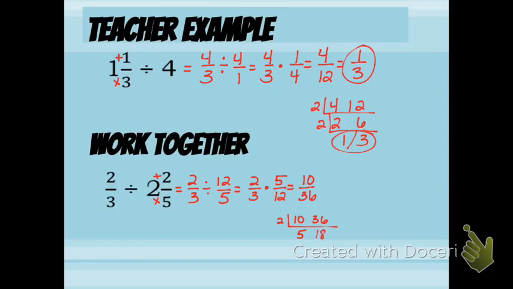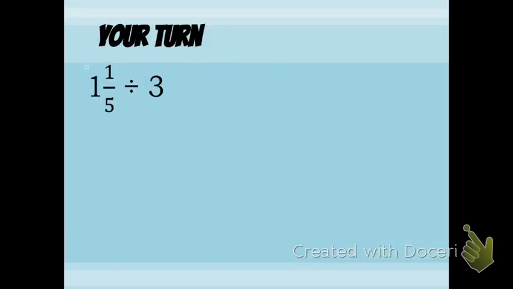Any more common factors between 5 and 18? Are y'all awake today? Are there any common factors between 5 and 18? No, just one. So the reduced fraction is 5 over 18. That's our answer. So go ahead and work this one on your paper, and let's see if we get the same answer.